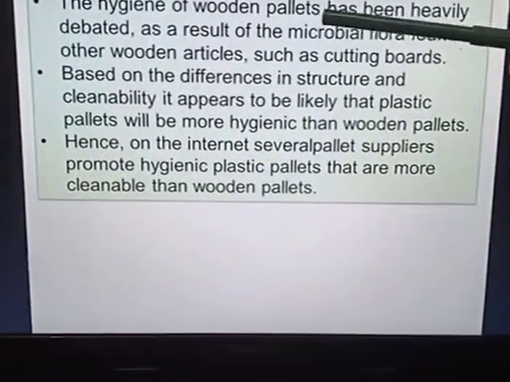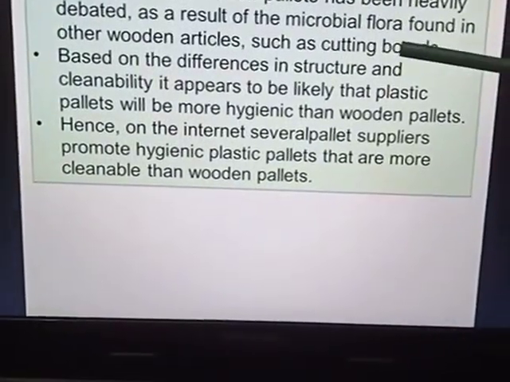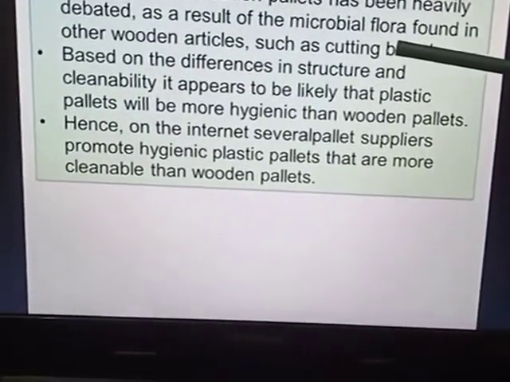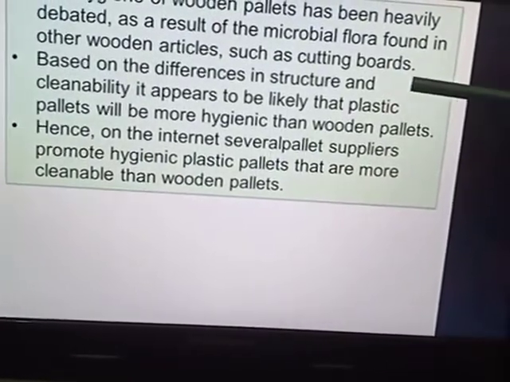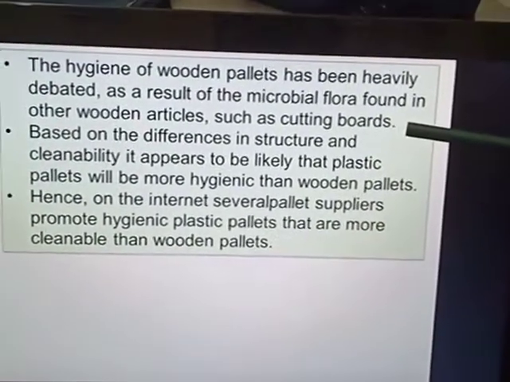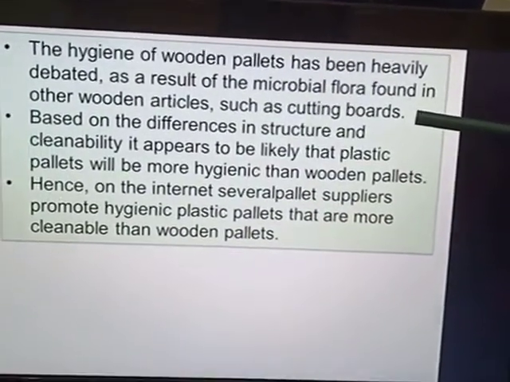Wooden pallets. The issue with wooden pallets: hygiene of wooden pallets has been heavily debated as a result of the microbial flora found in other wooden articles such as cutting boards, because wood material is very good for microbial growth.